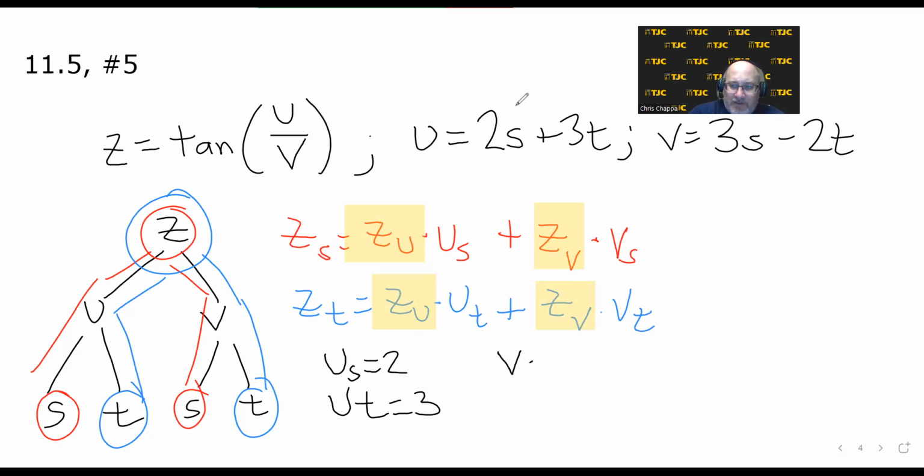Partial of v with respect to s is 3. And the partial of v with respect to t is negative 2. So now we have all those pieces. So now we just got to glue everything together.